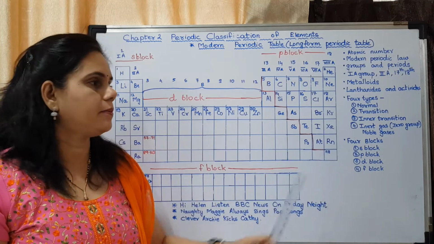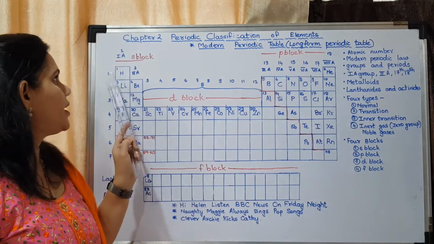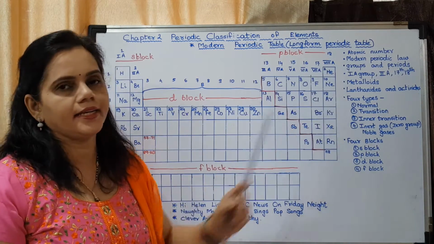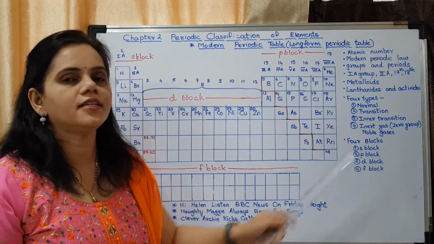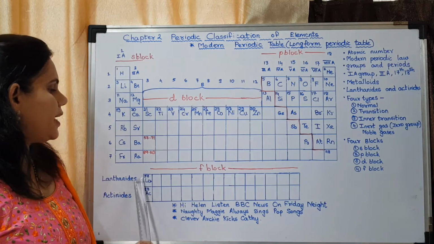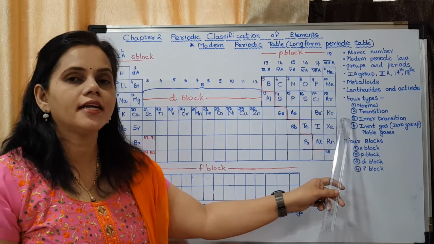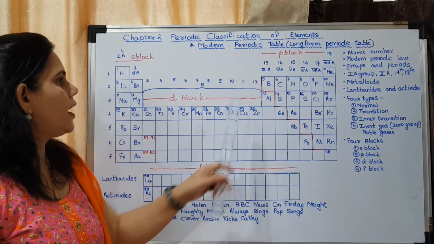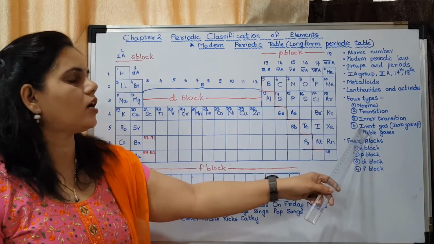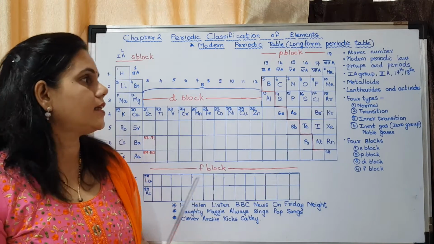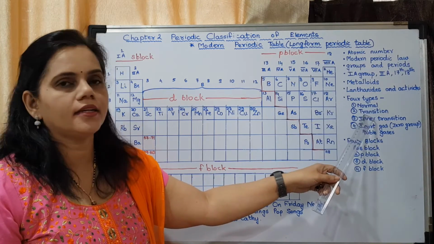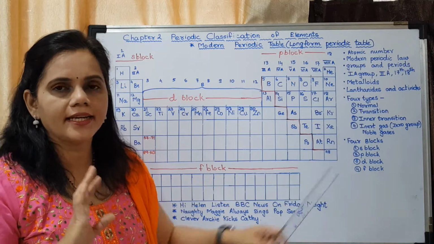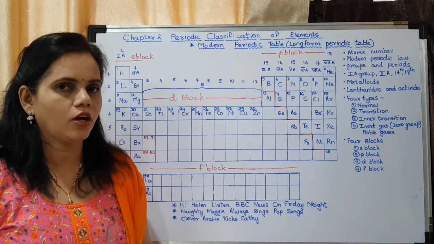Four types of elements: normal elements, 1, 2, 13 to 18. 3 to 12 are transition elements. Lanthanides and actinides are inner transition elements, and the 18th group are called inert gases. If I had said 18th group there, it does not come under normal elements.